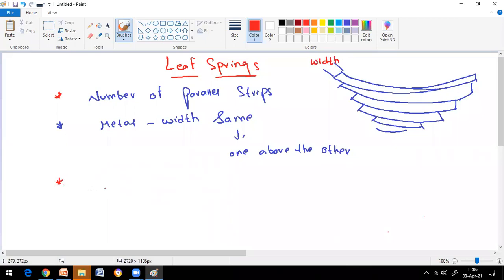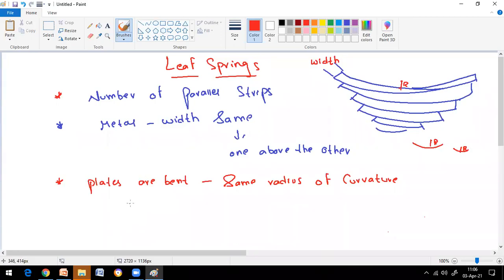Next, the plates are bent with the same radius of curvature. The radius of the first plate and the radius of the second plate will also be the same. The radius of the third plate is R. Like this, the radius of the plates will be the same.